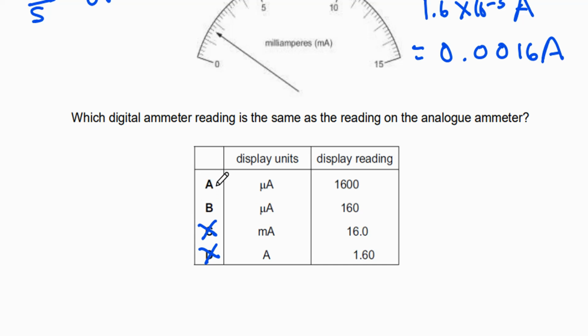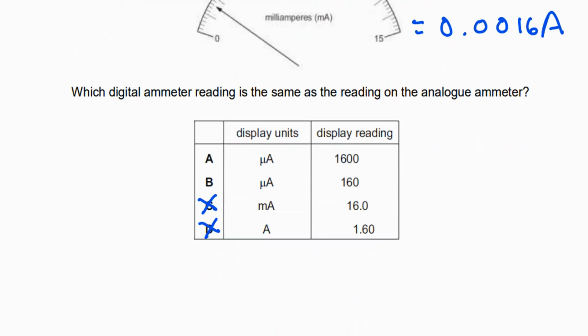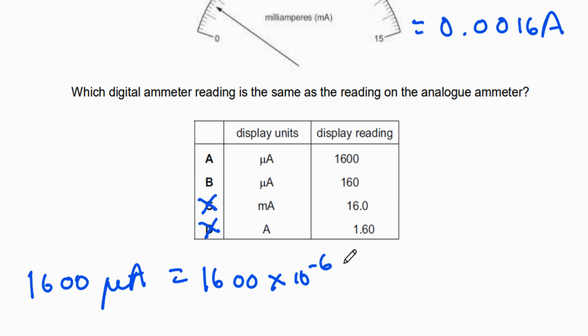Let's consider option A. In A, the reading is given as 1,600 mu amps. So let's convert this to amps and compare it to what we had here. So 1,600 mu amps is the same as 1,600 times 10 to the negative 6 amps.